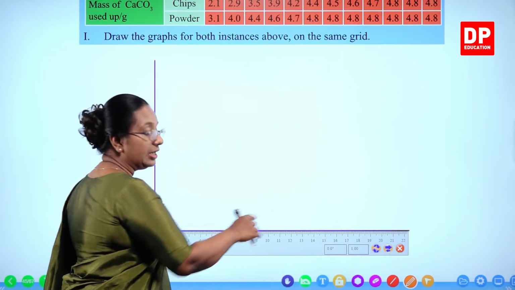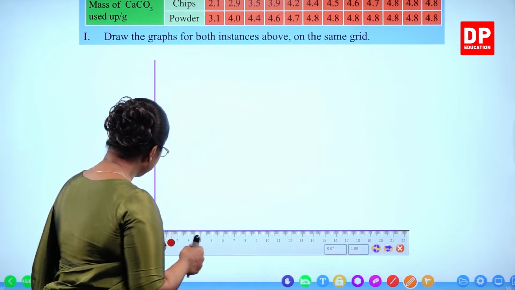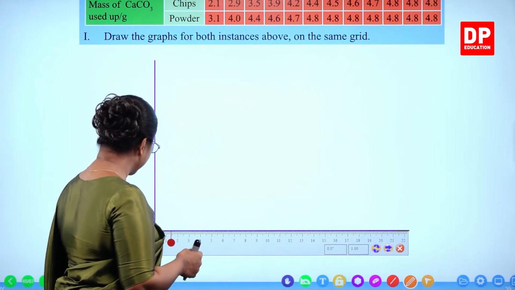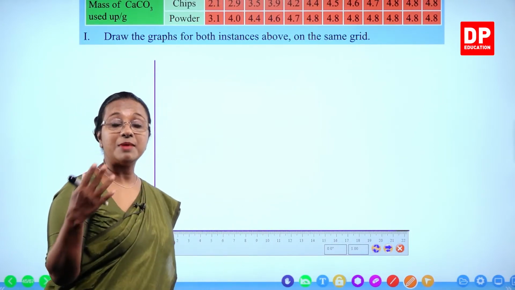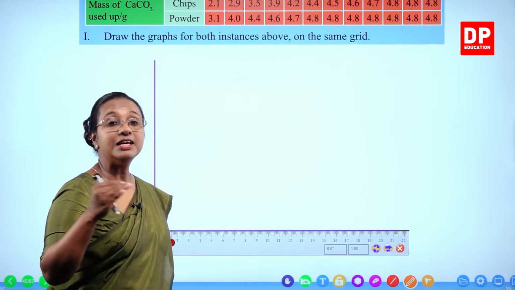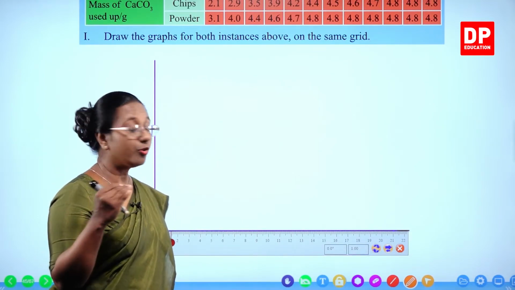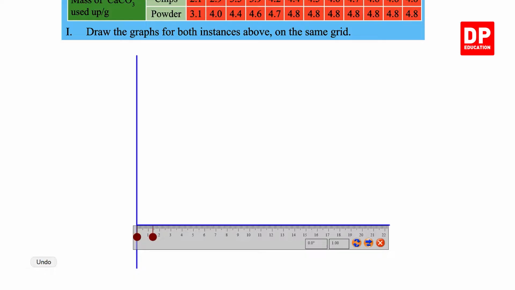Okay, students. So we need to mark the time. Here, of course, I will take 1.5 centimeters as 1 minute. So it's easy for me to mark it. You can mark it any way you want so that the grid is more clear to you all. So here 1, 2 minutes, 3, 4, 5, 6, 7, 8, 9, 10, 11, 12 minutes.